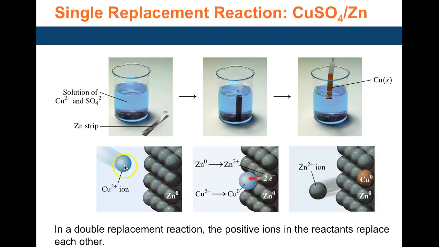So basically what is happening is zinc is pushing the copper out of solution, all right, and taking its place. Okay, so the copper coming out of the solution is depositing on the zinc that has not reacted yet.